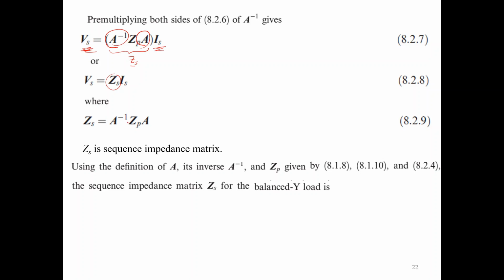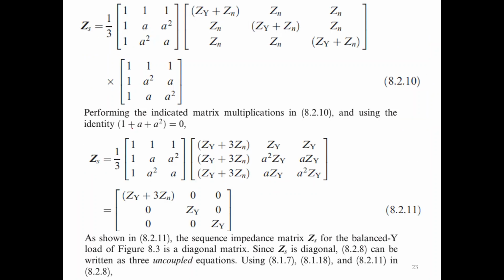So now we want to see what A inverse times CP times A is. That's why we put this equation: CS is equal to A inverse, this guy is CP, and this guy is A. You multiply all this, and you use the identity that we discussed in the table, if you still remember.